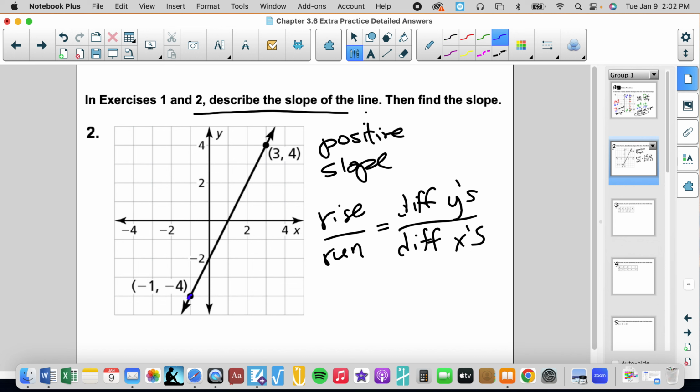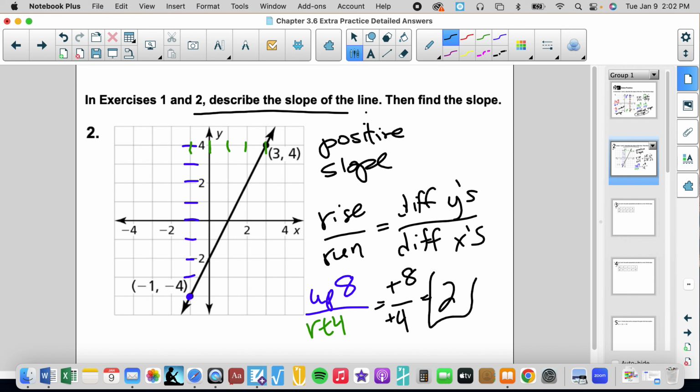So from this point, we go up 1, 2, 3, 4, 5, 6, 7, 8. Again, up 8. Then we run 1, 2, 3, 4. So that's right 4. That translates to +8 over +4, which must be simplified, with a slope of 2.